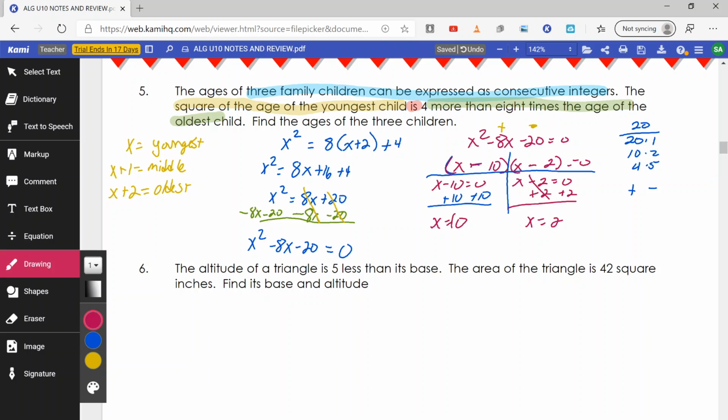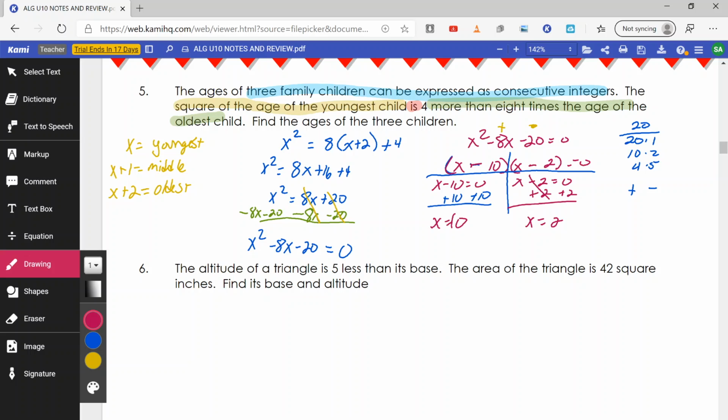So here we have 2 possible answers for our youngest child. Our youngest child could either be 10 years old or 2 years old, and we don't know which of these it could be. So we need to figure out which one actually satisfies the problem.